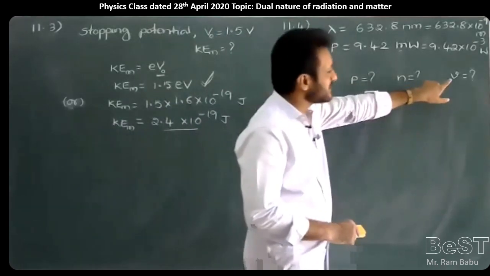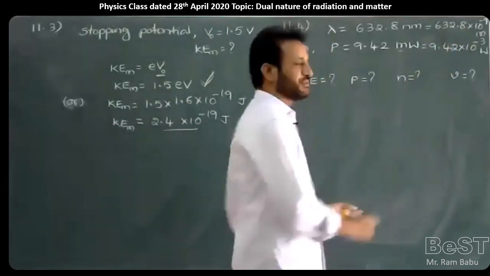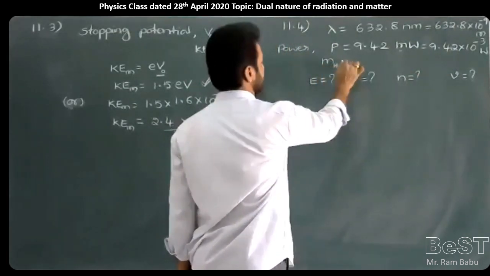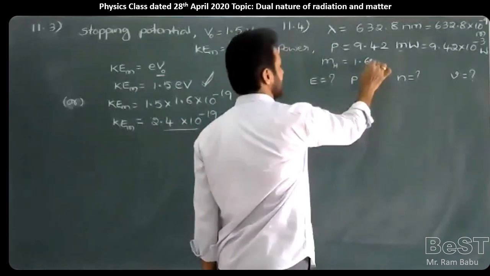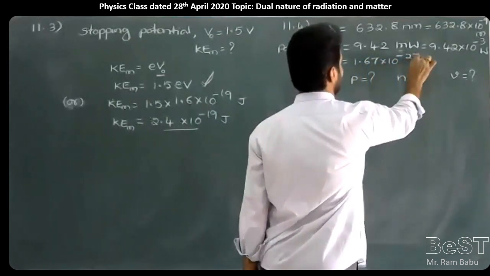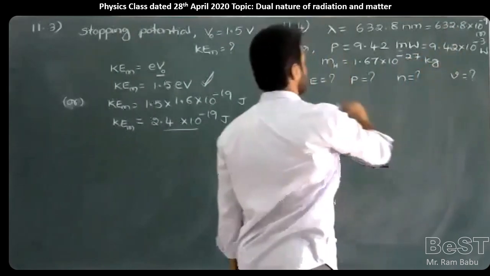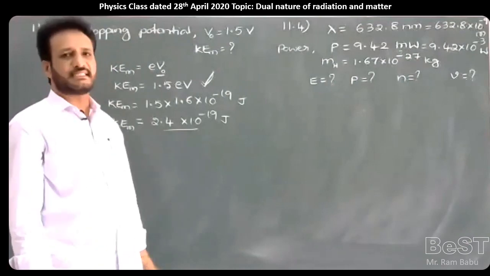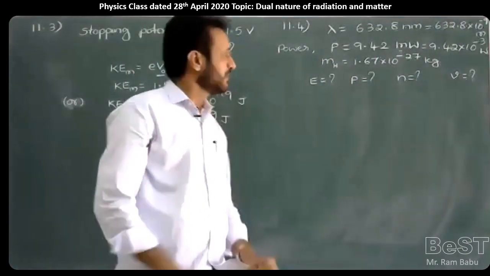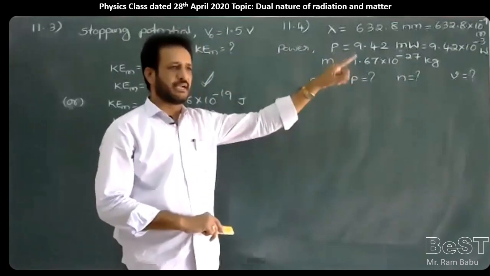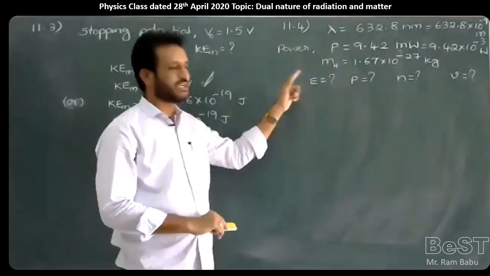But how fast is a hydrogen atom moving? For this I'll give the mass of the hydrogen atom, mH, almost 1.67 into 10 to the power of minus 27 kg, the mass of the proton. Speed of light we know, 3 into 10 power 8 meter per second. Planck's constant also we know.